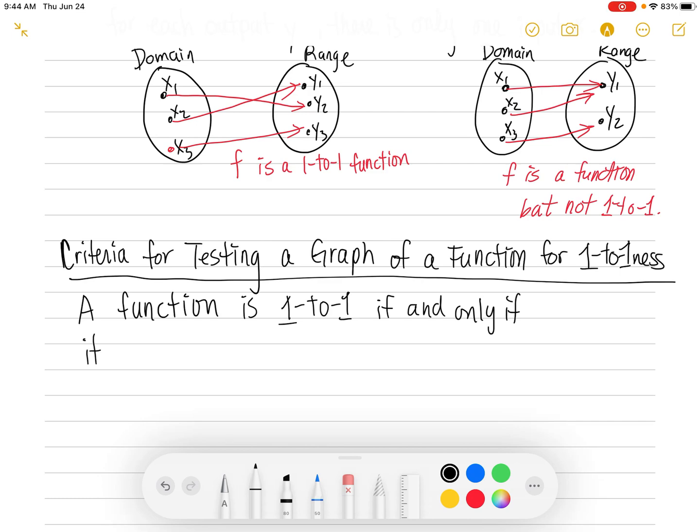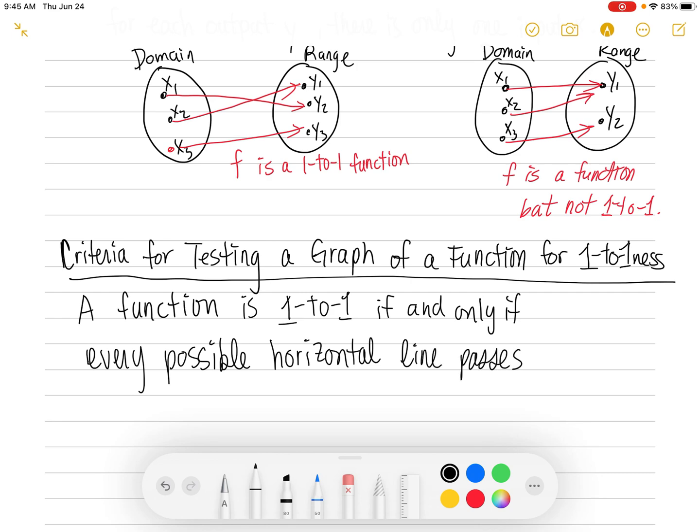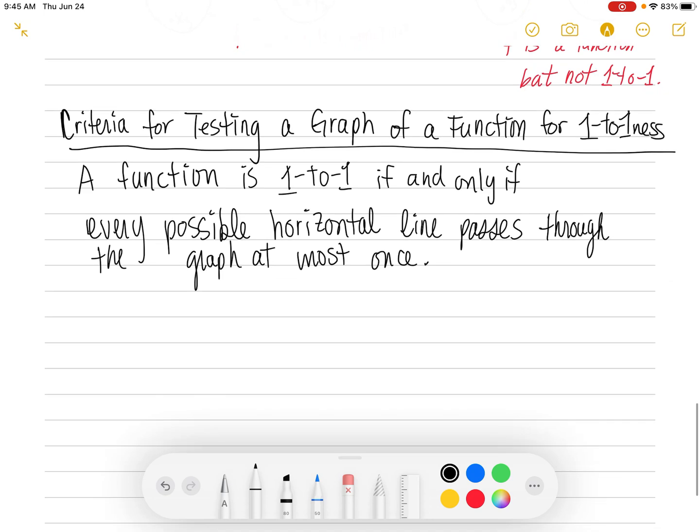So a function is one-to-one if and only if every possible horizontal line passes through the graph at most one time.